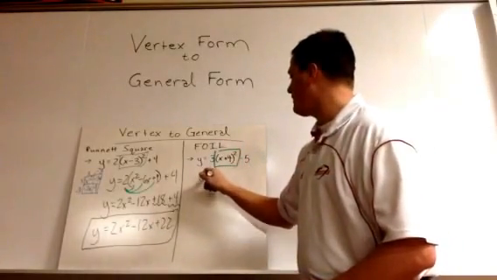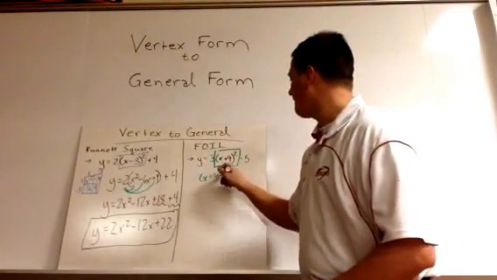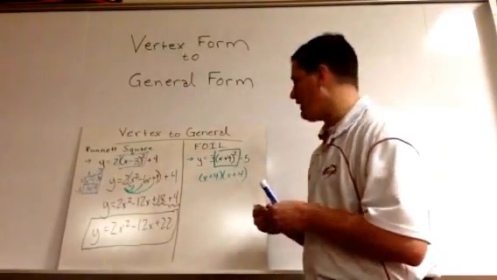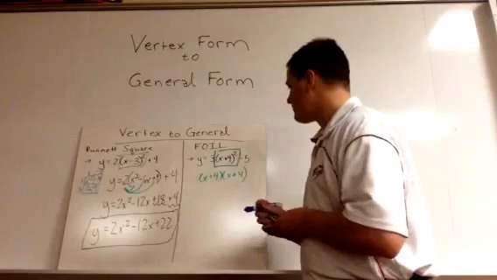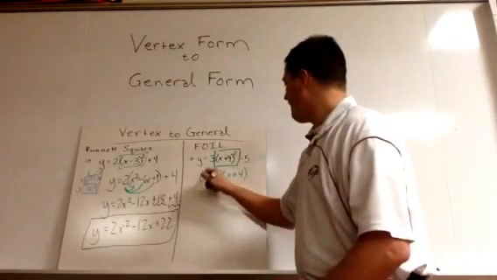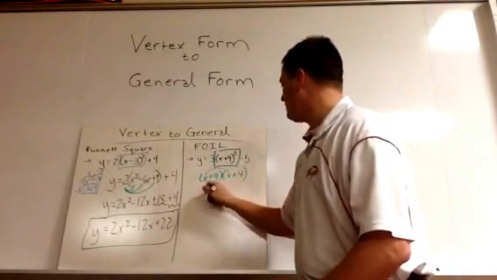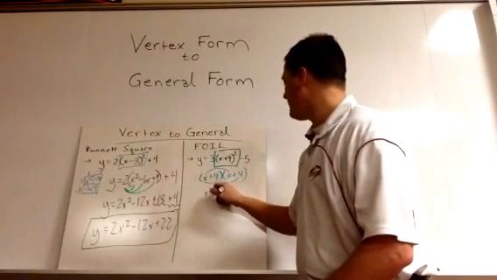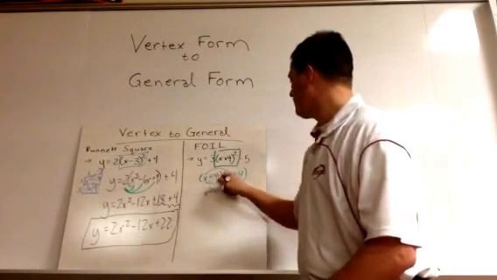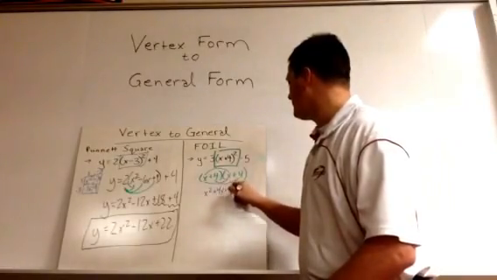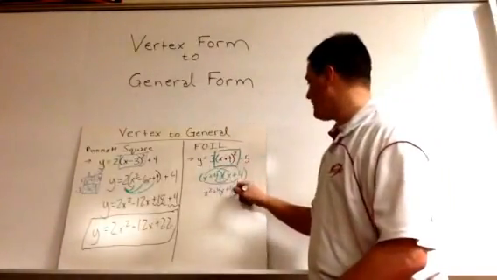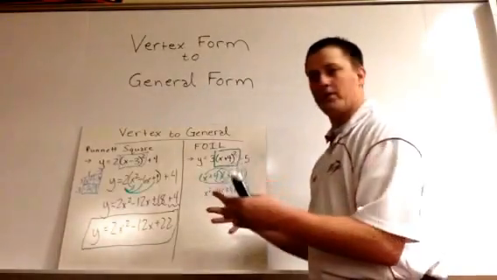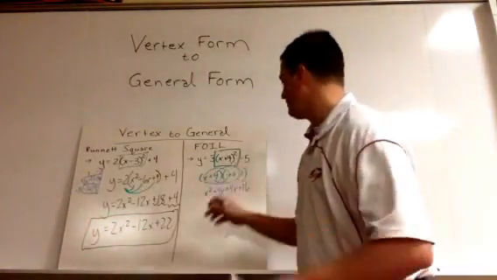This time I do have to rewrite it just so that I can follow my lines and do it correctly. x times x is x squared. x times 4 is positive 4x. 4 times x is positive 4x. And 4 times 4 is positive 16. I'm now going to rewrite my problem with this polynomial combined and in parentheses.